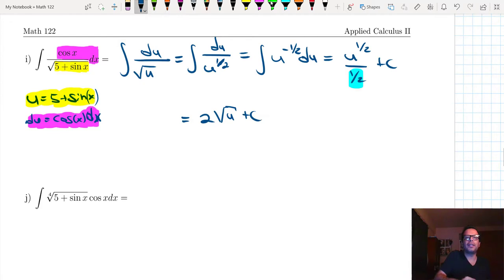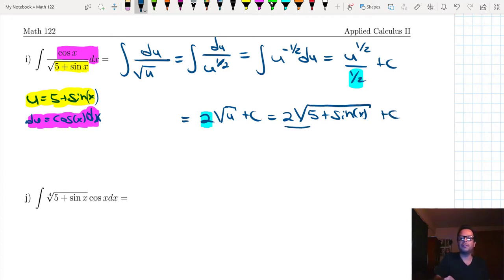Again, let me highlight this u just so you can see how that 1/2 becomes a u. Dividing by a half becomes a u. Let's go back substitute for this. So that's going to be 2 times the square root of 5 plus sine of x, plus c.